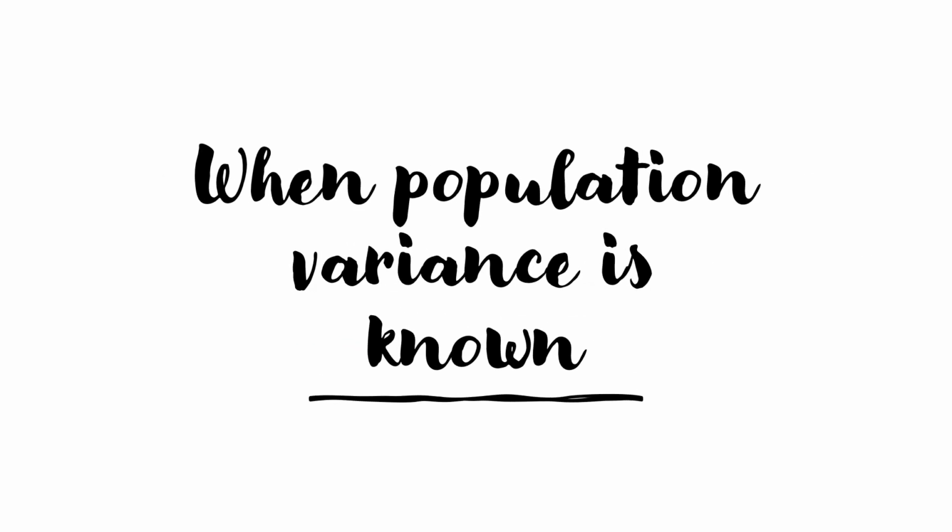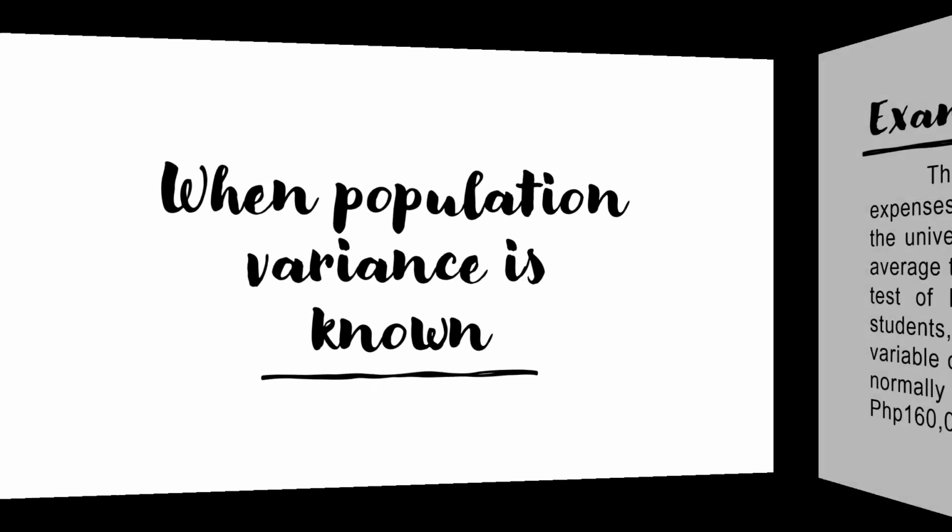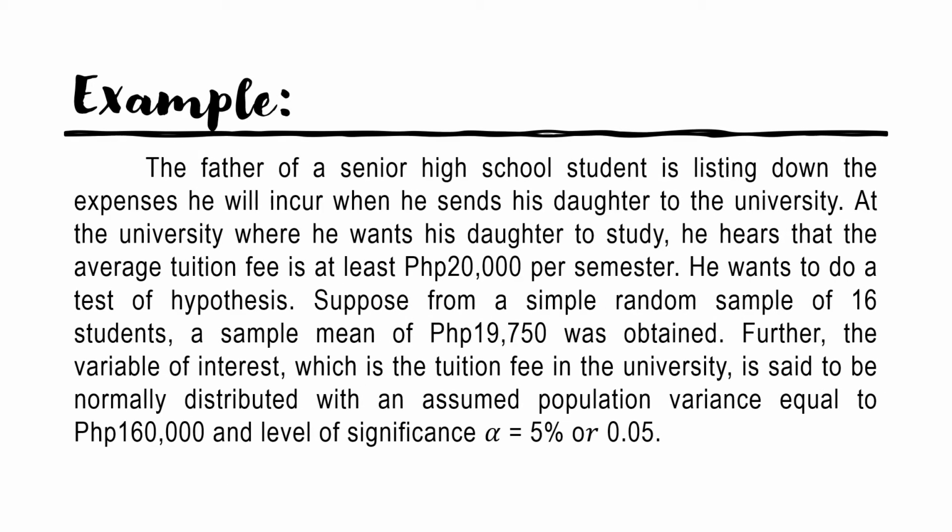Start with the example when the population variance is known. So for our example, the father of a senior high school student is listing down the expenses he will incur when he sends his daughter to the university.